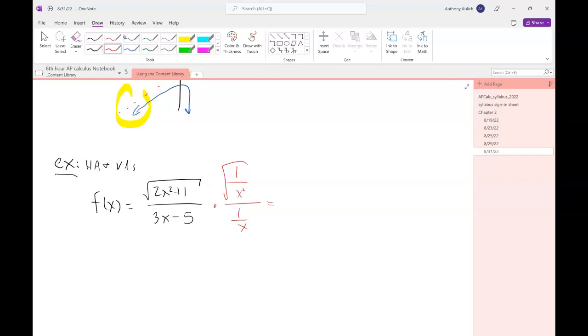To multiply it into a radical, it also has to be under the radical. Just multiplying by 1 over x doesn't get me inside of the radical. That's why I had to write it that way. Why are we able to do that since it's not equal to 1? It's still equal to 1 over x, right? Everybody cool there?